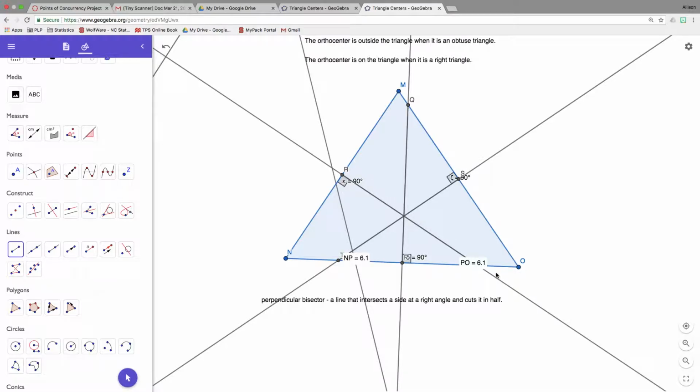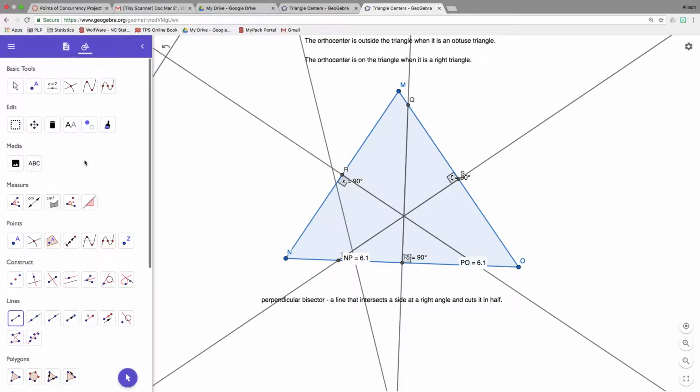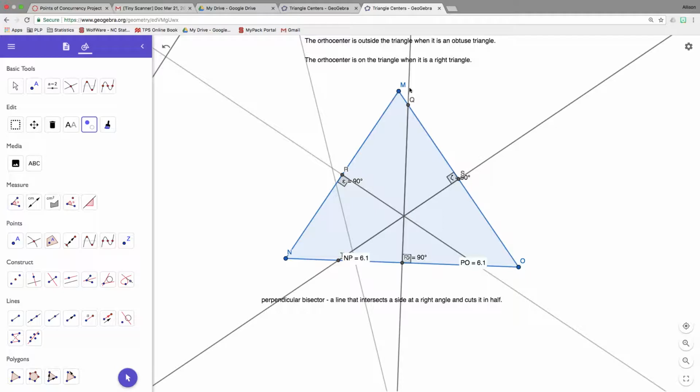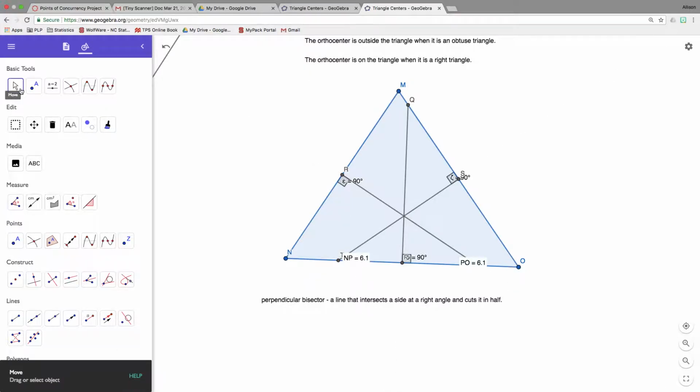Once you've got your segments there, go to the show/hide, which is under edit, the blue and white dot right there, and you can click the line out here. And then there you go.